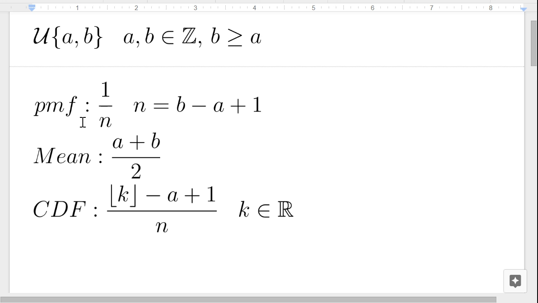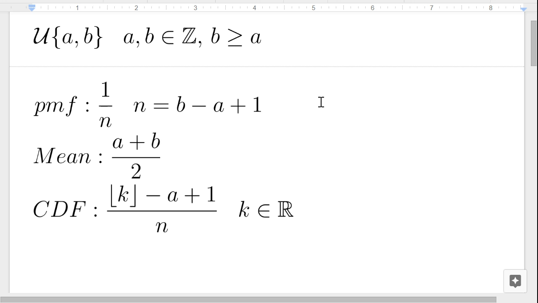All of them have the same probability and it's shared equally. Just like if you're flipping a coin, each possibility is 1 over 2 and there's 2 possibilities. So that's what 1 over n comes from. And if you didn't want to use the letter n, you could do b minus a plus 1, and that will also tell you how many elements you have.